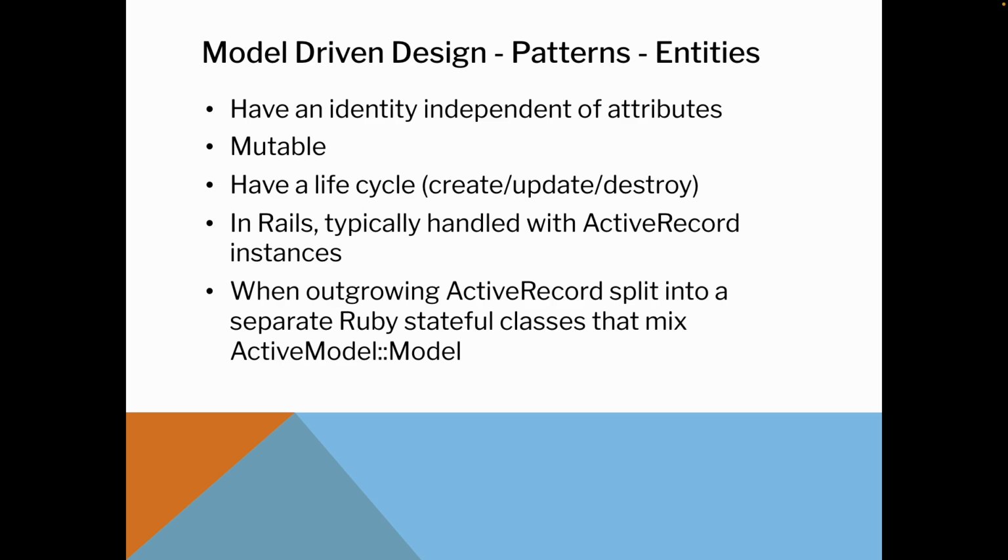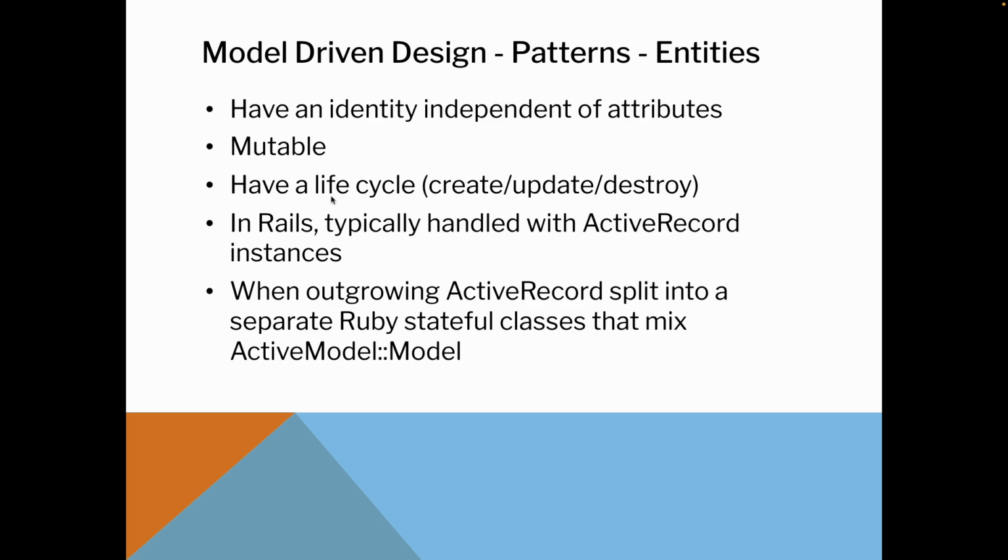Stuff like that. Also, if it's a person, people age. People have a date of birth and then they have an age, and every year they mutate into a different age. Like one year I'll be 41 years old, the next year I'll be 42. That's another example of mutability of entities.